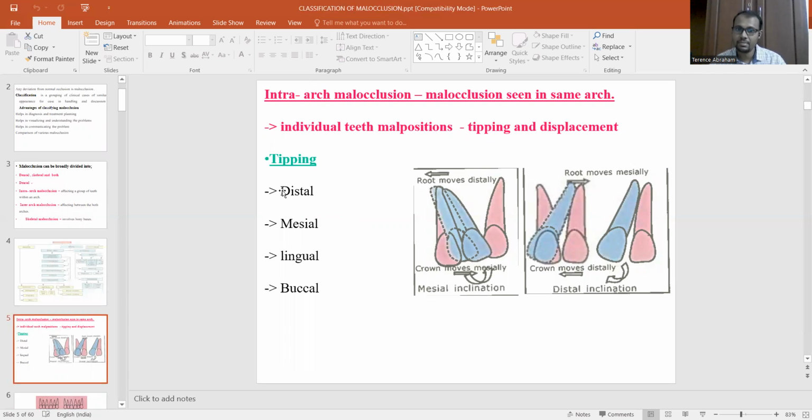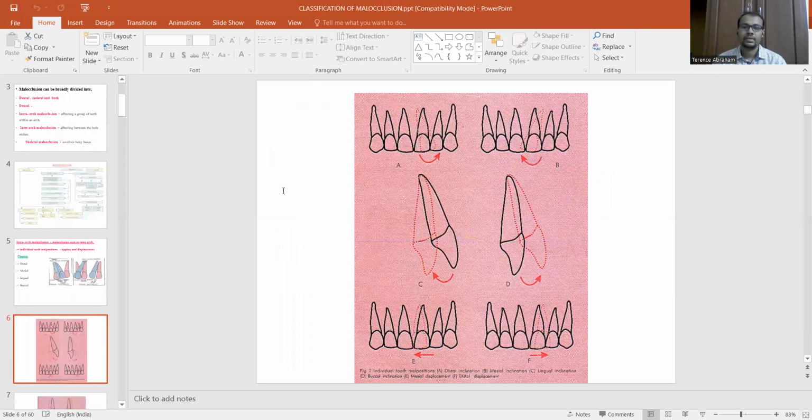It may be distal, mesial, lingual, or buccal, which is very clear from this picture because the crown moves to one side and the root moves to the opposite side. In the upper figure you can see tipping, and in the lower figure you can see displacement, that means the entire tooth, both crown and root, is displaced. That is also known as bodily movement of the tooth.